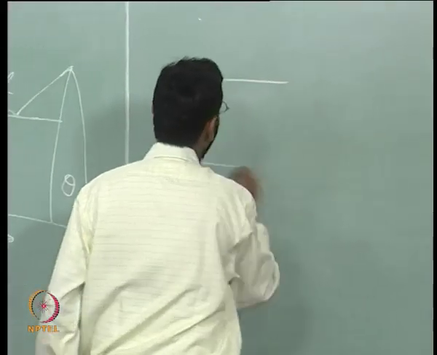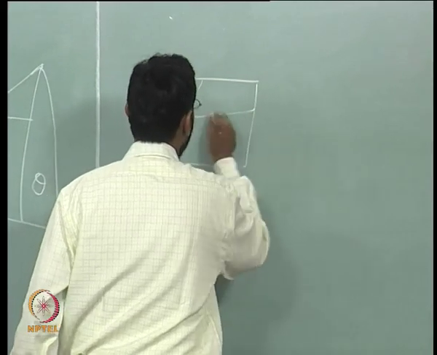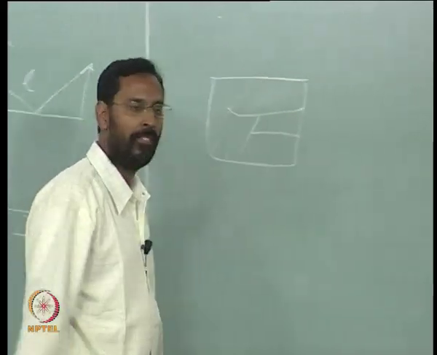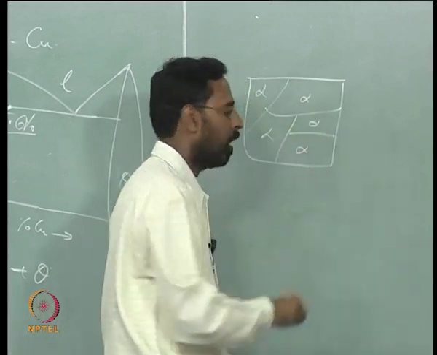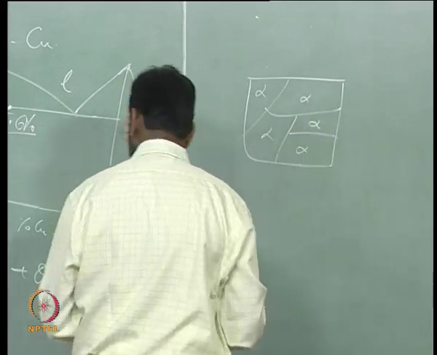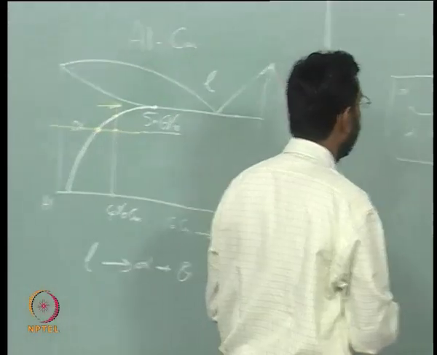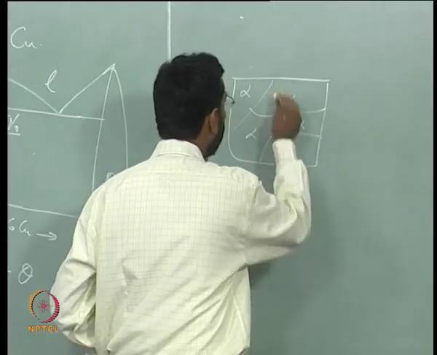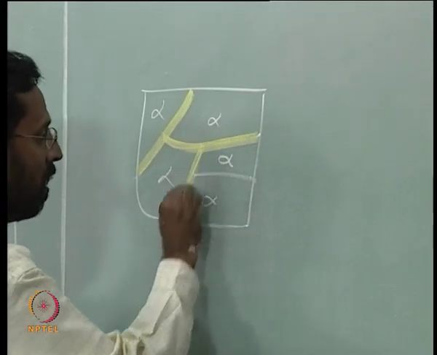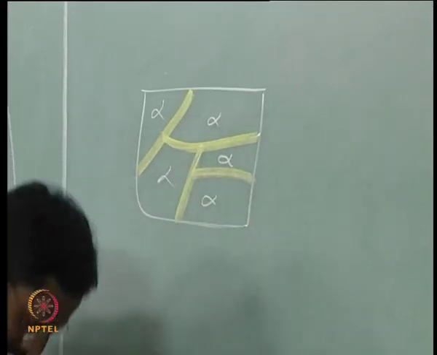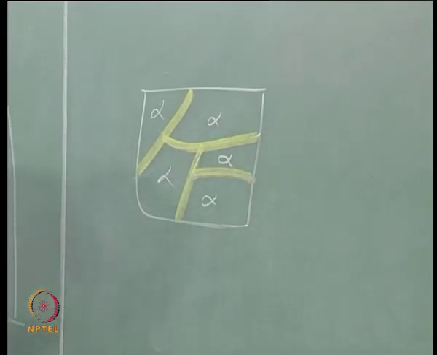So if I look at the microstructure, if I say these are all alpha grains, then in principle the theta would come out at the grain boundaries like this.